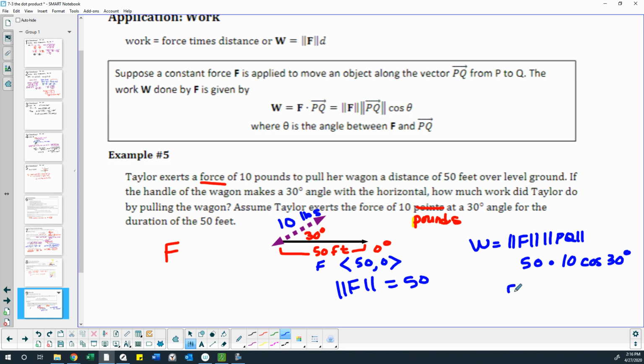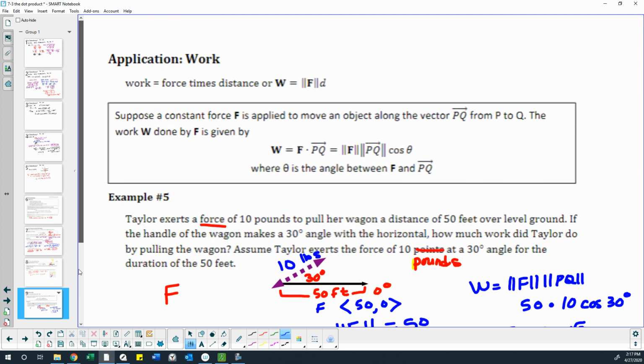So we go ahead and do 50 times 10 times the cosine of 30, which is square root of 3 over 2. And then we simplify this. So that's 500 divided by 2, which would be 250. So the exact answer of work done would be 250 square root 3, and the unit of that is what we call foot-pounds. What's another unit for work that you learned about in physics, guys?